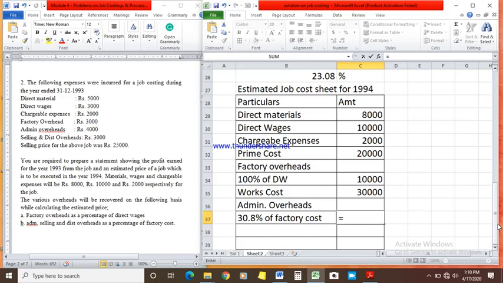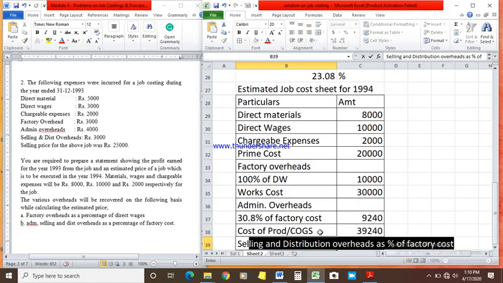So 30.8%, 0.308 multiplied by factory cost, that is 30,000. So 9,240. So this becomes our cost of production or cost of goods sold.